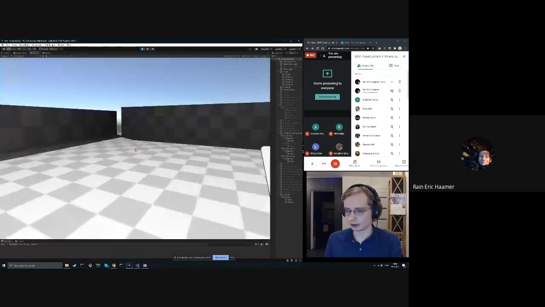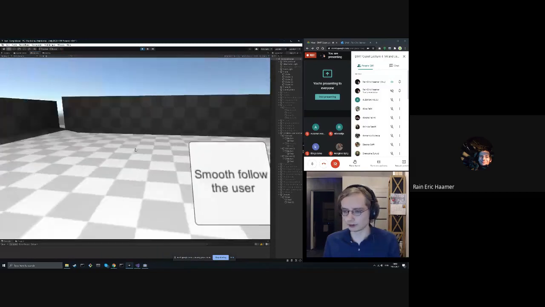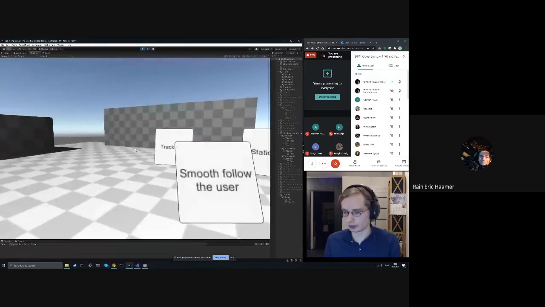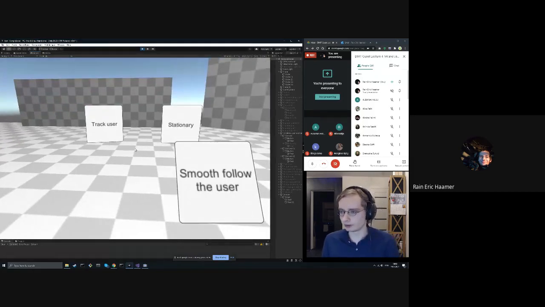So things that don't just pop into existence in front of you and seem like they're slightly skewed in the screen space, but things that actually look and feel like they're in the virtual space, but they're just following the user. And in this case, it is also a good idea to have some sort of pin function so that the user can get rid of these interfaces and put them somewhere where they're left, and the user then can later come back to these and interact with them as they wish.